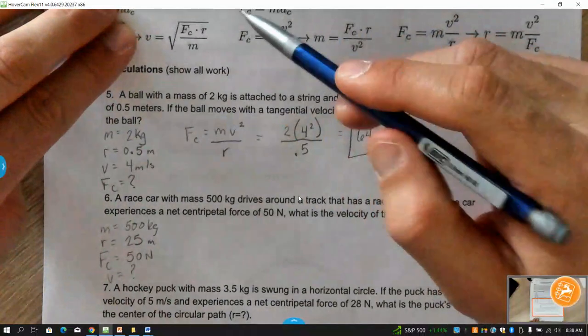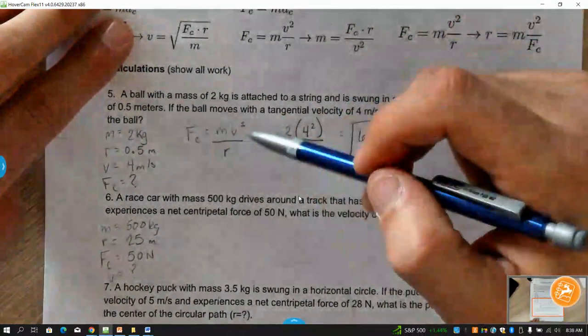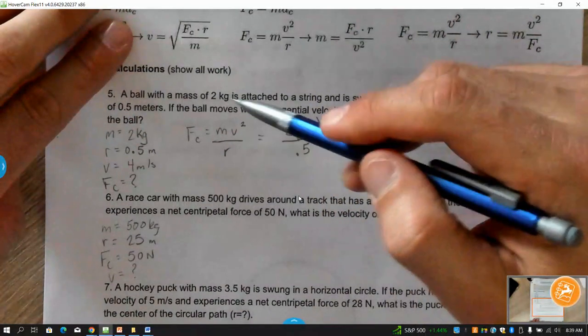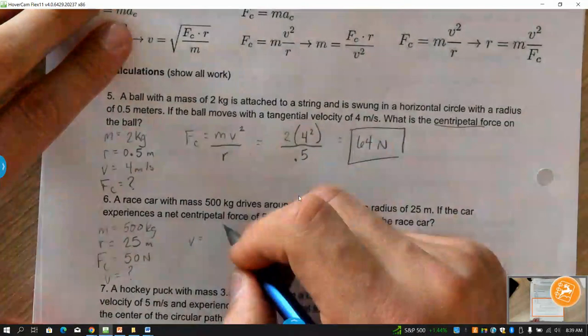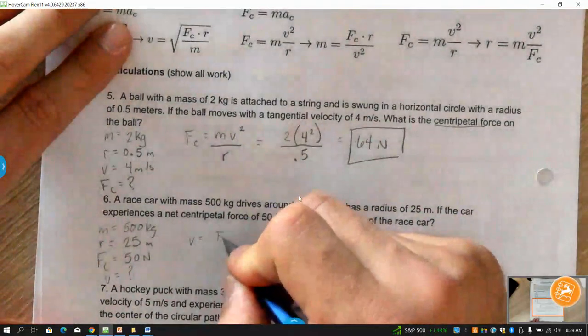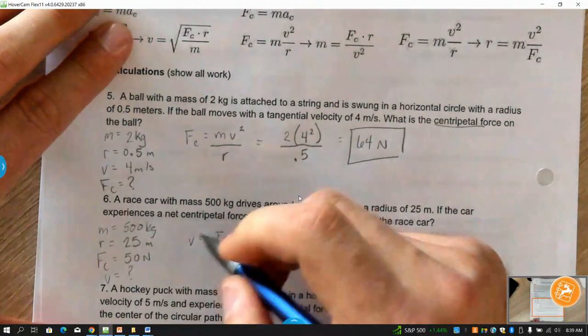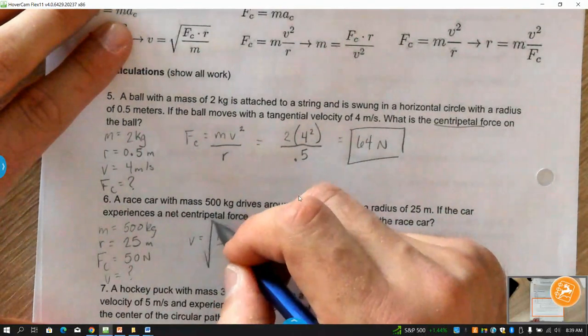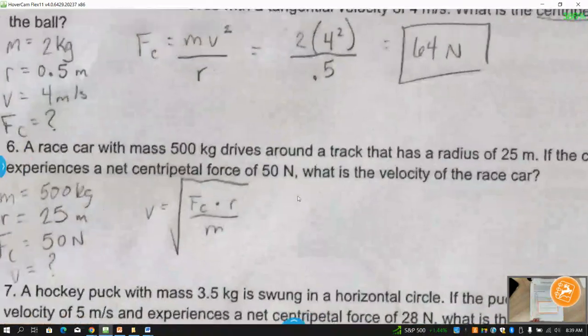So V will equal our centripetal force times the radius divided by the mass, and square root. So I'm going to write that equation as FC times R over M, and then I'm going to square root that.